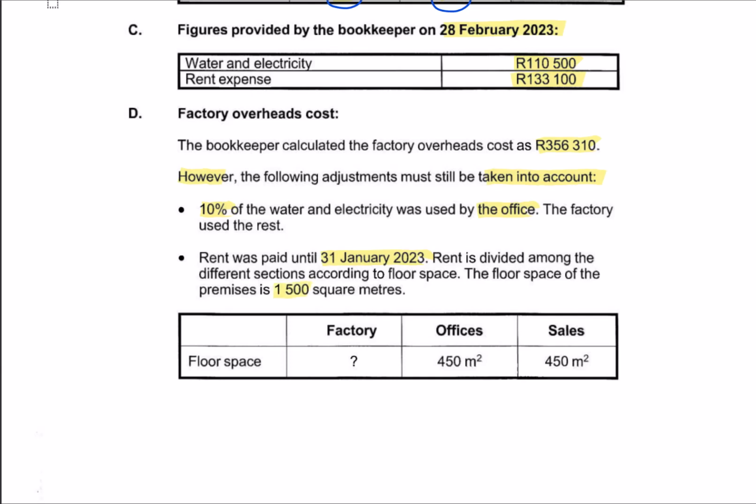Right, and we have sales is 450, office is 450. So together the two become 900. So the difference becomes factory. So the difference should be 600. That should be the factory, right? 600 square meters.